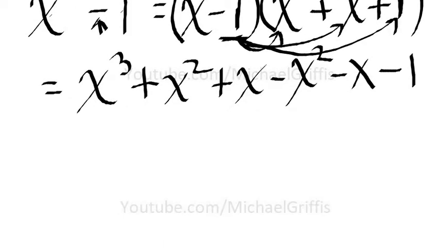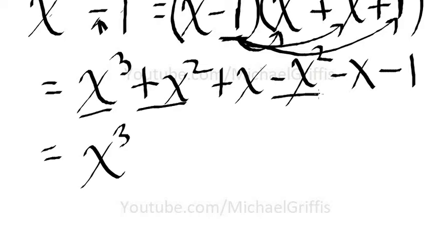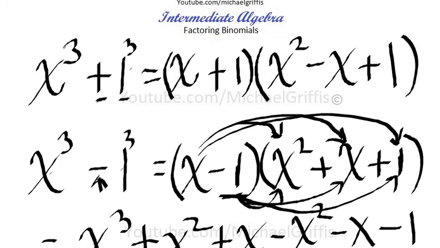Collect up the like terms. We don't have anything else that's like the x cubed, so we just rewrite. We have a positive x squared and a minus x squared, so those are going to cancel out. We have a plus x and a minus x, they cancel out, and we're just left with 1. Now that's what we started with. So we know that we factored that correctly.